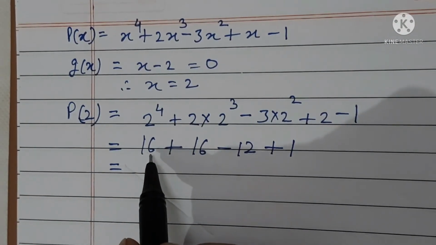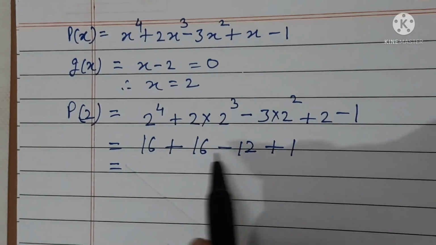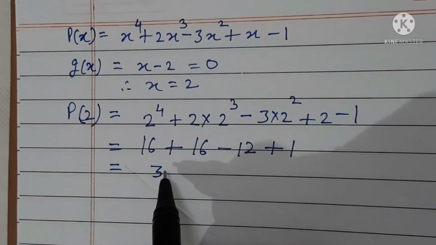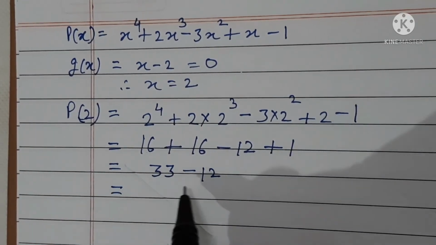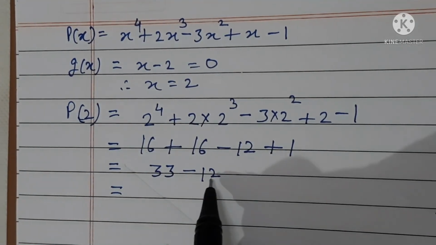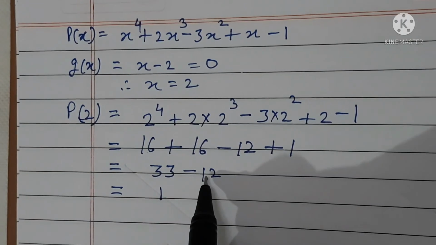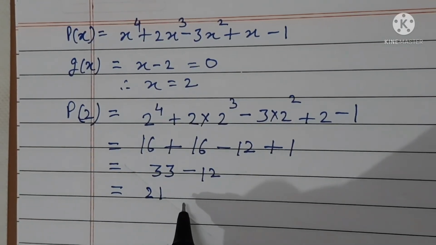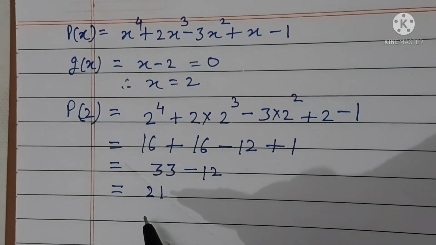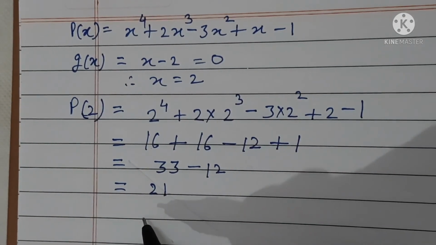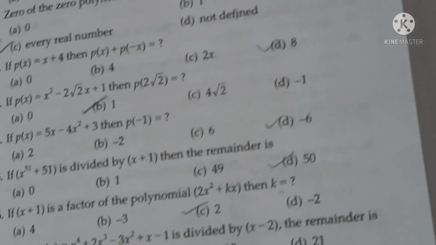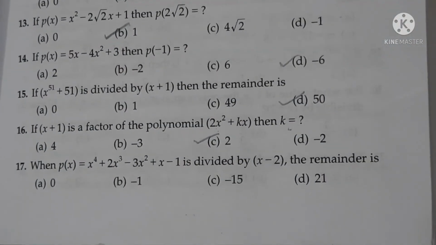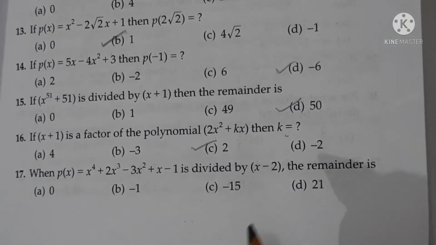So you will get 16, 16, 32 and plus 1, 33, minus 12, so 21. So our option D is correct.